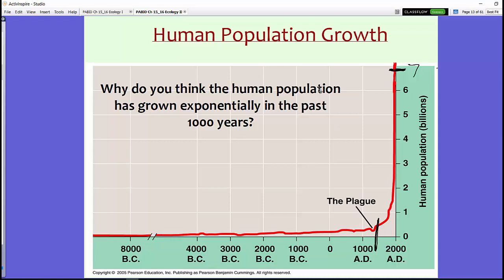You can probably take a guess at why human population has grown exponentially since then. We have better food, we have better medicines, we have a lot of different things than previous populations of humans had, and we've learned to adapt in many environments. And our population has just exceeded.